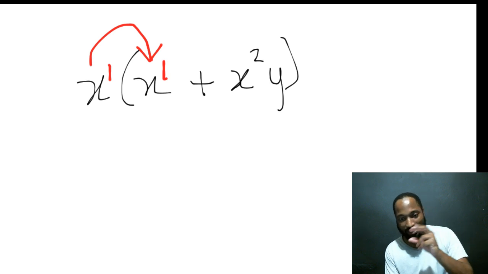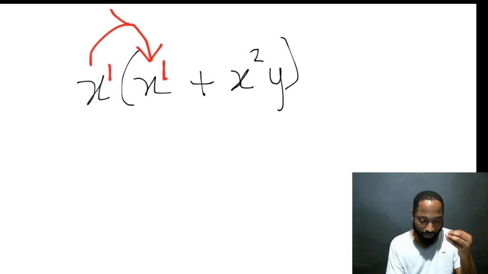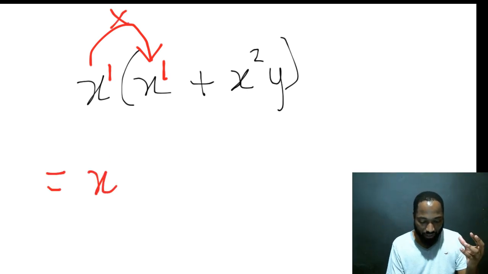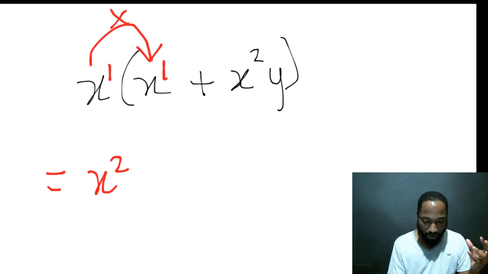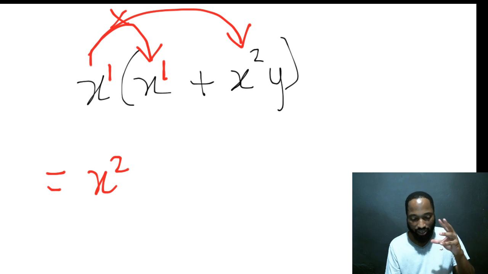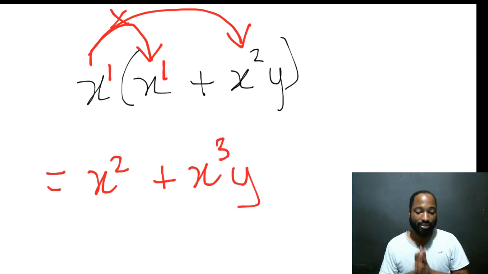So x by x, add those indices, because remember you're multiplying across those brackets. All of a sudden you're going to get x squared here. Then you have to multiply by this term here. So x by x squared, you're going to get x cubed y.